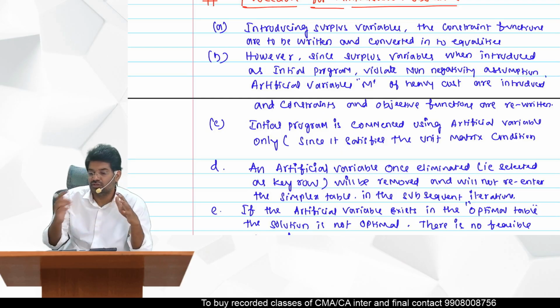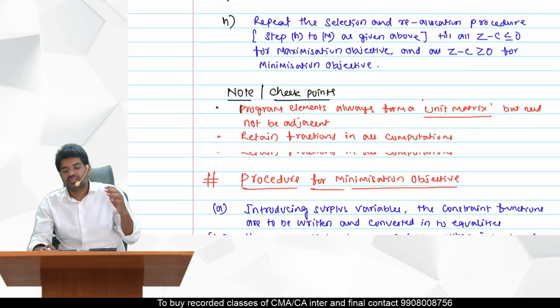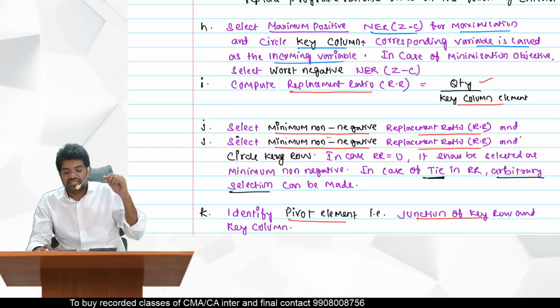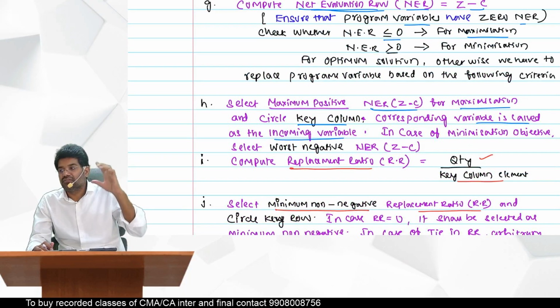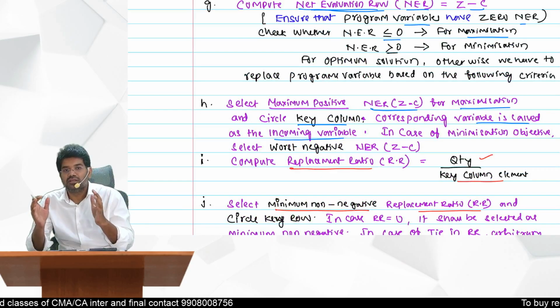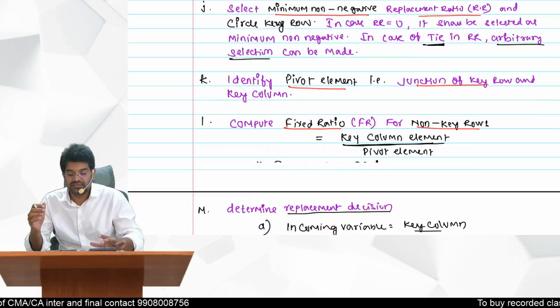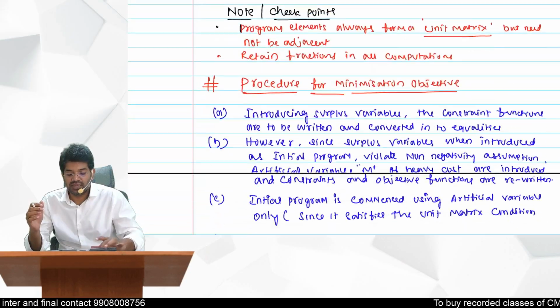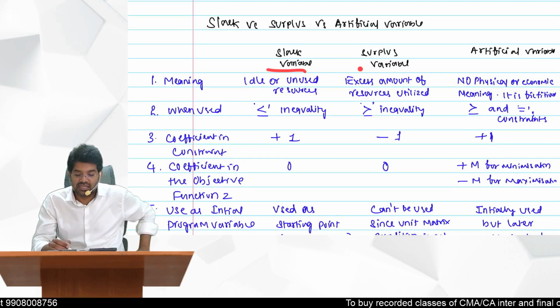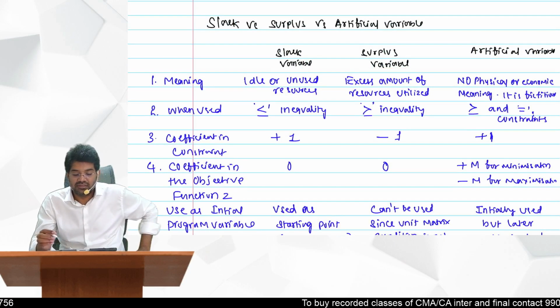So these are the solution methods, my dear students. Here the surplus variable, slack variable and artificial variable are very, very important if you want to do the solution under the simplex method. So I have given that comparison here.